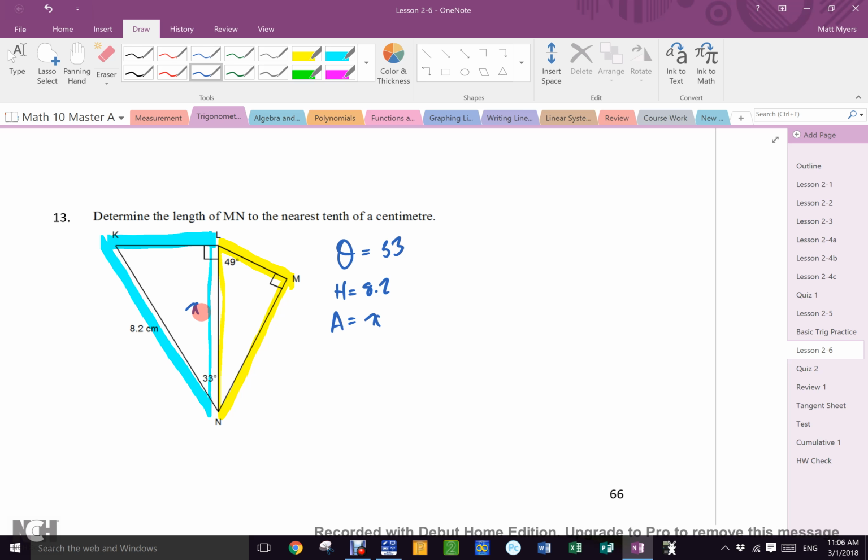Right? Now, can I use my calculator right now? I could, but I'm going to need to do something later, yes? So I'm going to show you guys the way I do this. You can do this the way you want to do it. Because I know I'm going further and I don't want to mess up my rounding, I write this out. Cos 33 equals x over 8.2, right? So 8.2 cos 33 will give me my x.